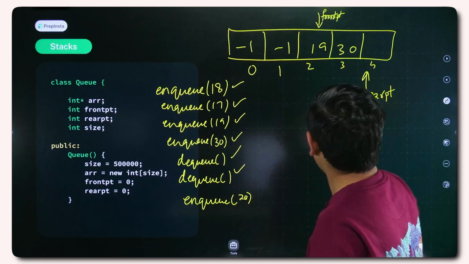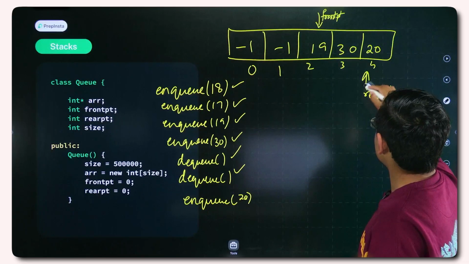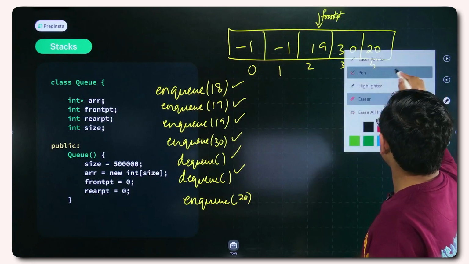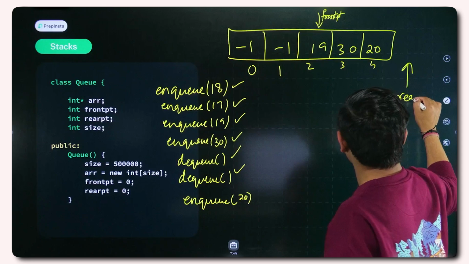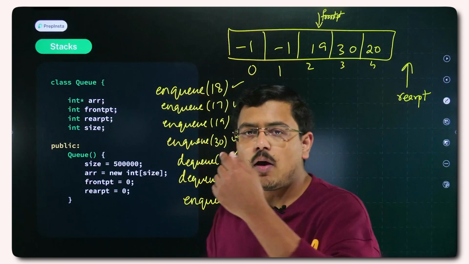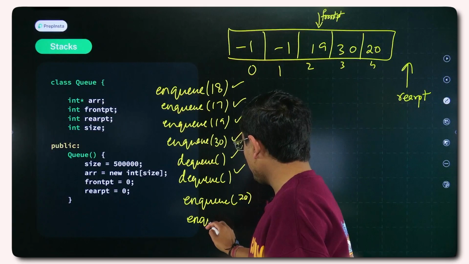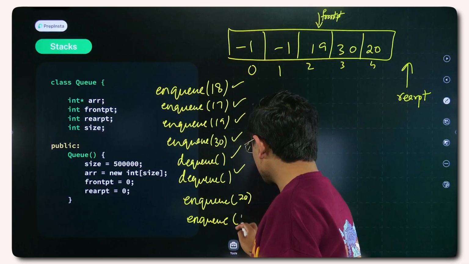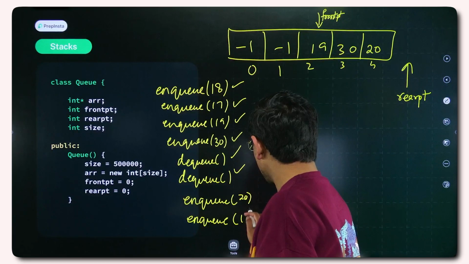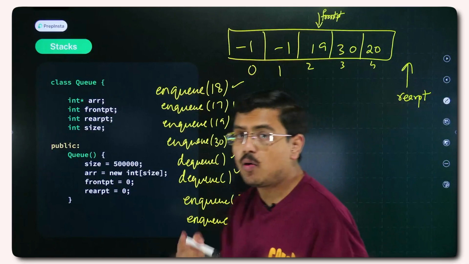So what will happen? 20 would enter here and the rear PT would get incremented, it would go somewhere here. Now if I try NQing one more element, say 11, there's a problem.